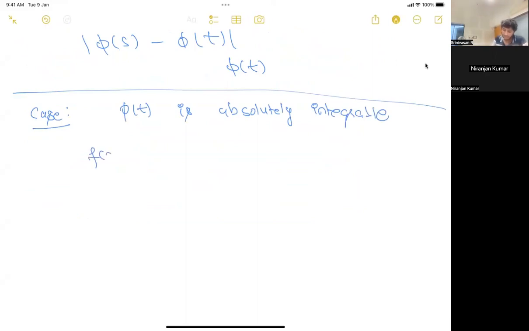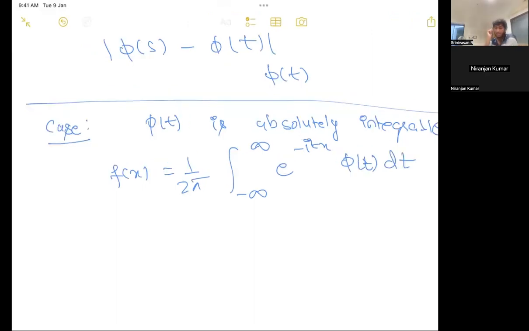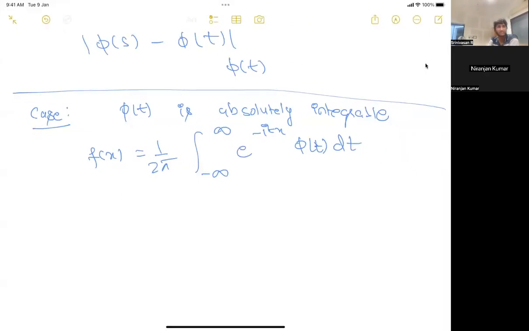Now consider the following function of x, 1 over 2 pi.